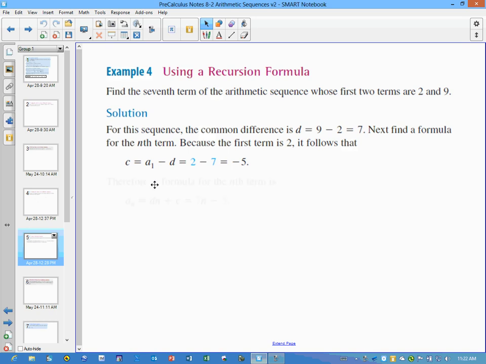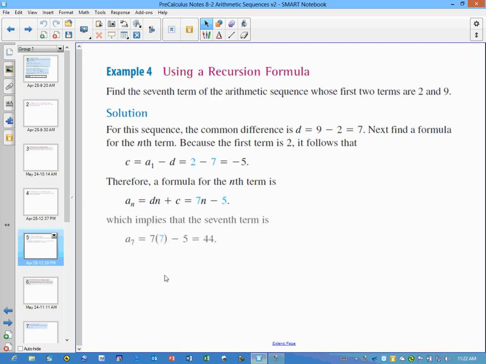And then we can write an equation. The dn minus c turns out to be 7n minus 5. Therefore, when we put in the value we're looking for, the 7th term, a sub 7 would be 7 times 7 minus 5, which would be 44.